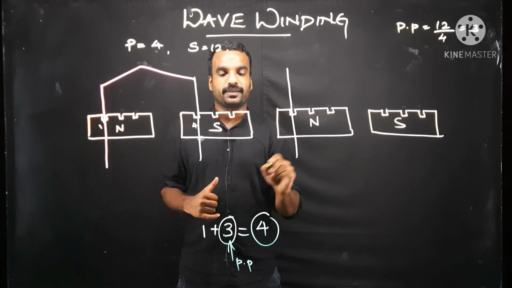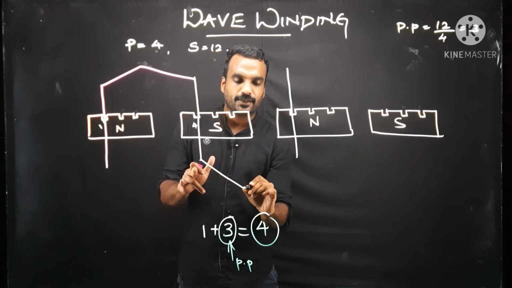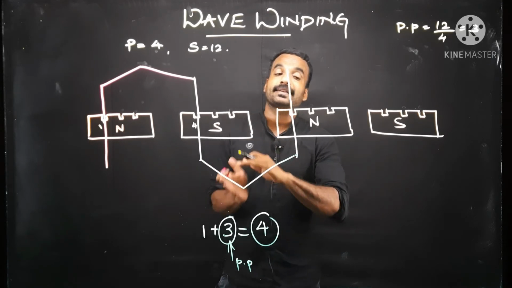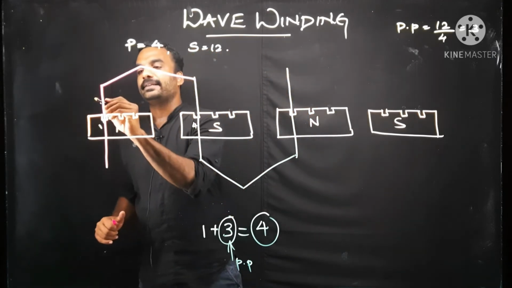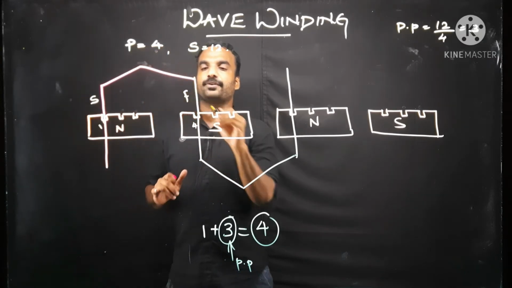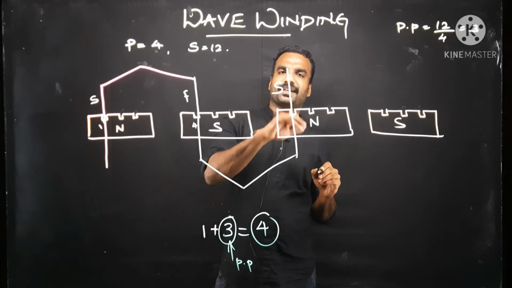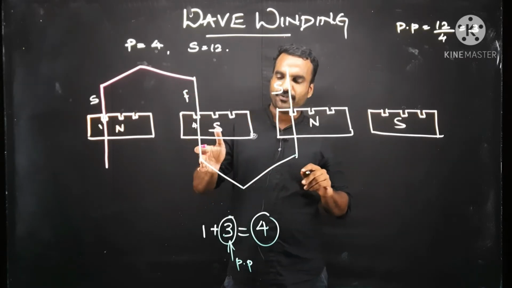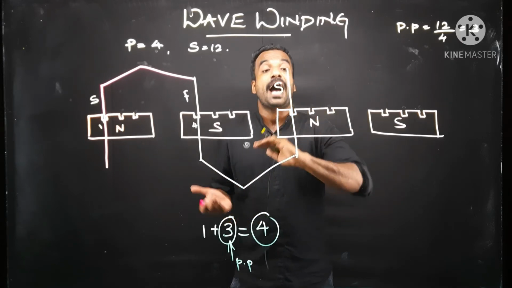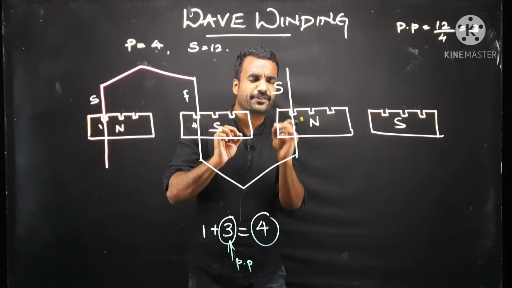So you have to connect it. Finishing end of first coil is connected to beginning end of second coil under adjacent north pole. That is the one and only difference in the definition.